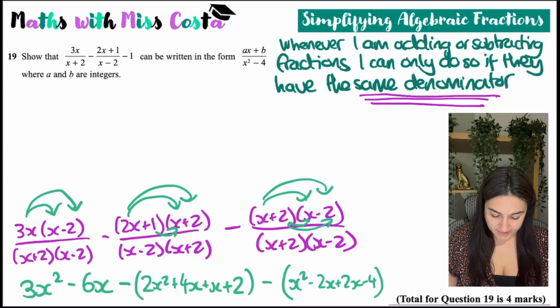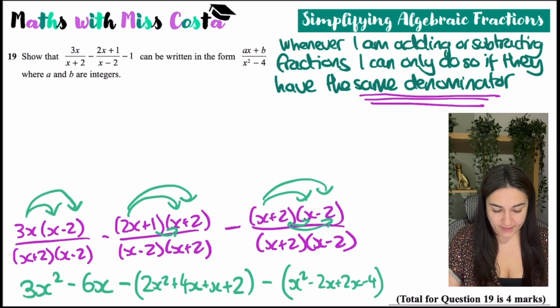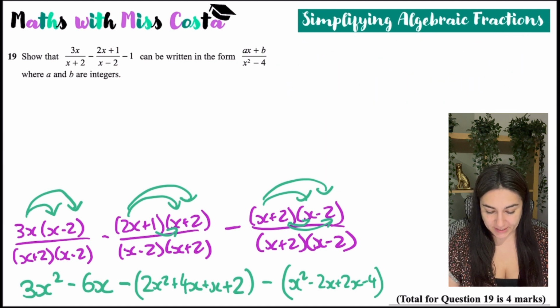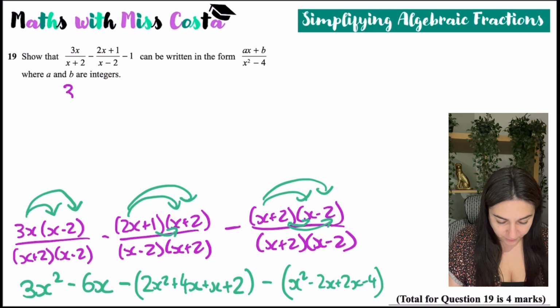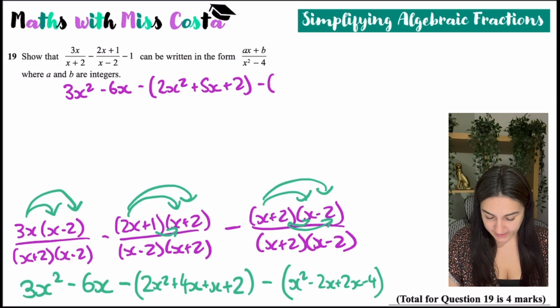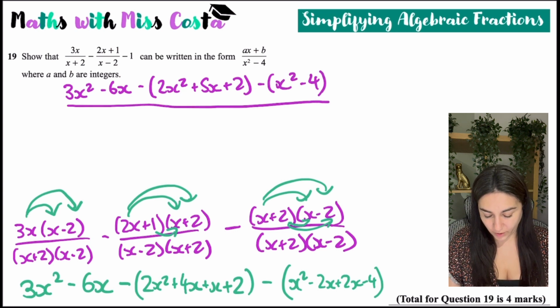Okay, so I can simplify these now, and that's just my numerator. My denominator is going to be (x plus 2)(x minus 2). So I've got 3x squared, take 6x, take (2x squared plus 5x plus 2), take (x squared minus 4) over.